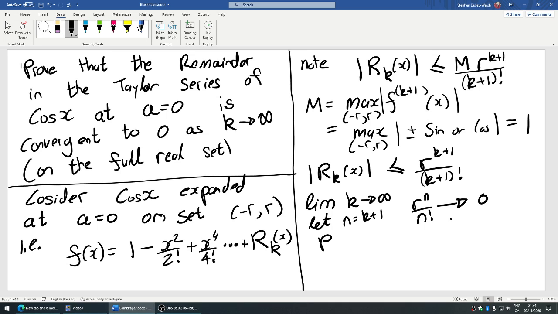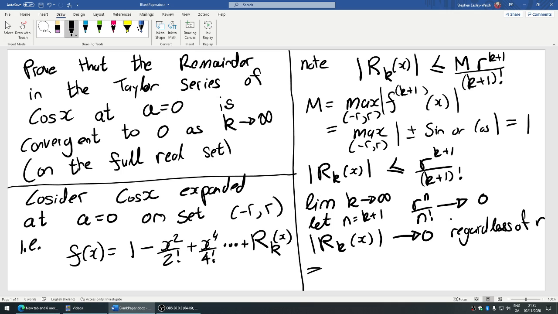So R_k(x) converges to 0, and what's interesting is that this is regardless of R. It doesn't depend on R, where R is a positive number here.